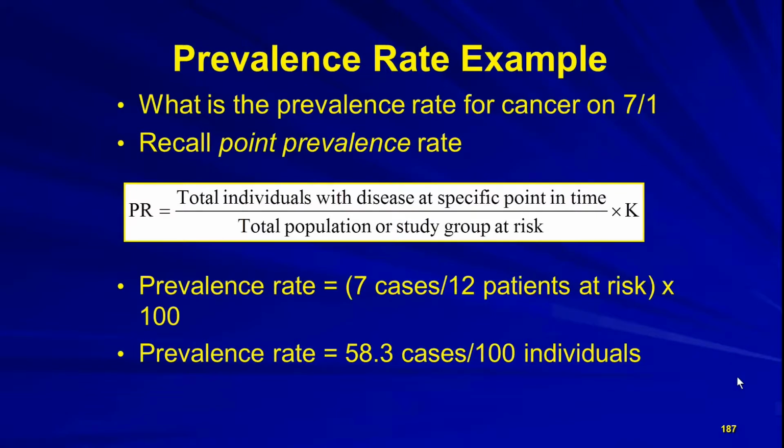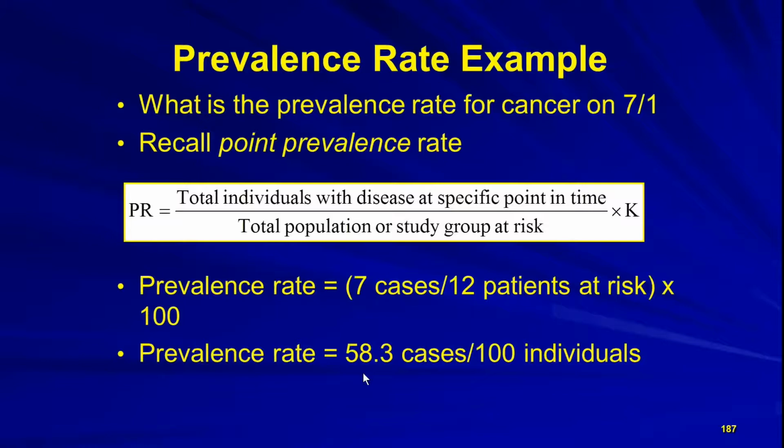Otherwise, I would have to multiply the other one by 1,000, and if I did that here, it would be 583 per 1,000. But we also have the burden of wanting to be able to communicate with an audience about the prevalence rate of a disease within a certain small group or population.